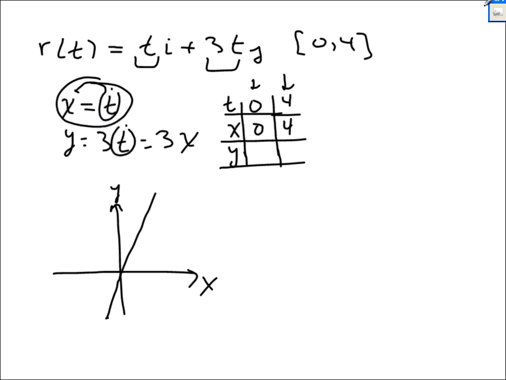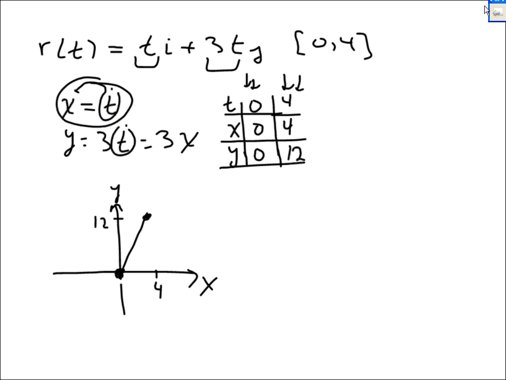And y is 3 times t. 3 times 0 is 0, and 3 times 4 is 12. So we're only going to keep the portion that goes from 0, 0 to the point 4, 12. We're only going to keep what's in between. That is, this is history.